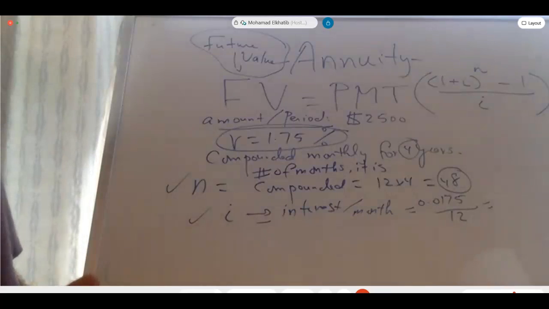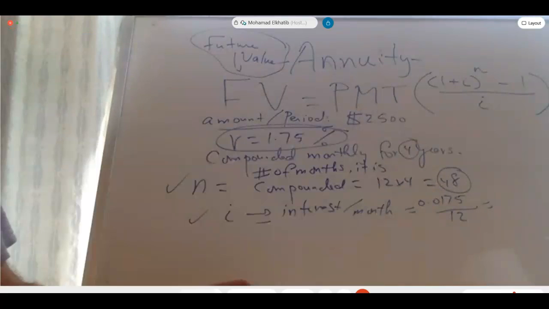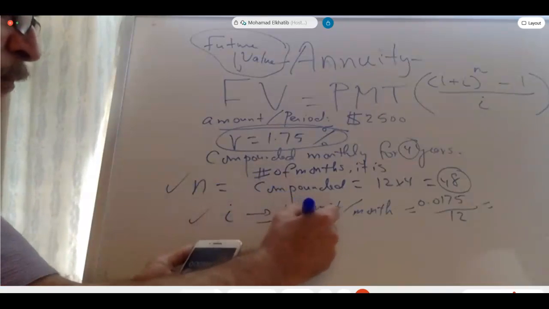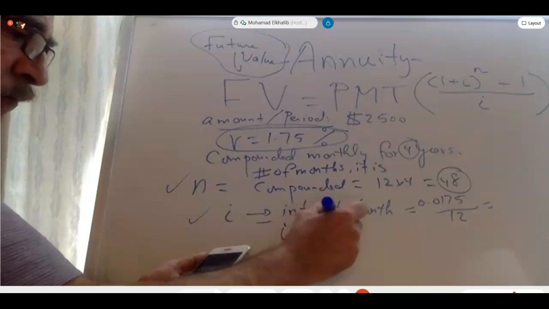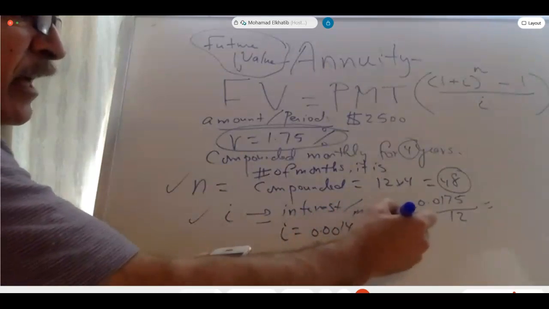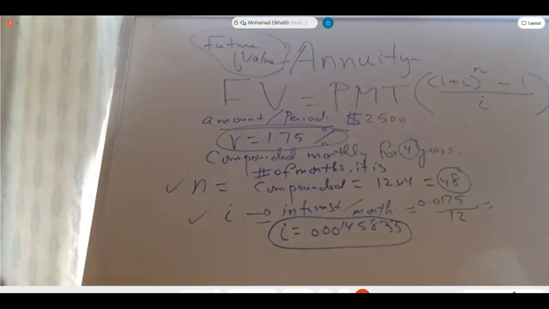Yes. Okay. Now let's divide 0.0175 by 12 on the calculator. Put all the numbers in. Don't skip any number. Did you get that? Are we good?